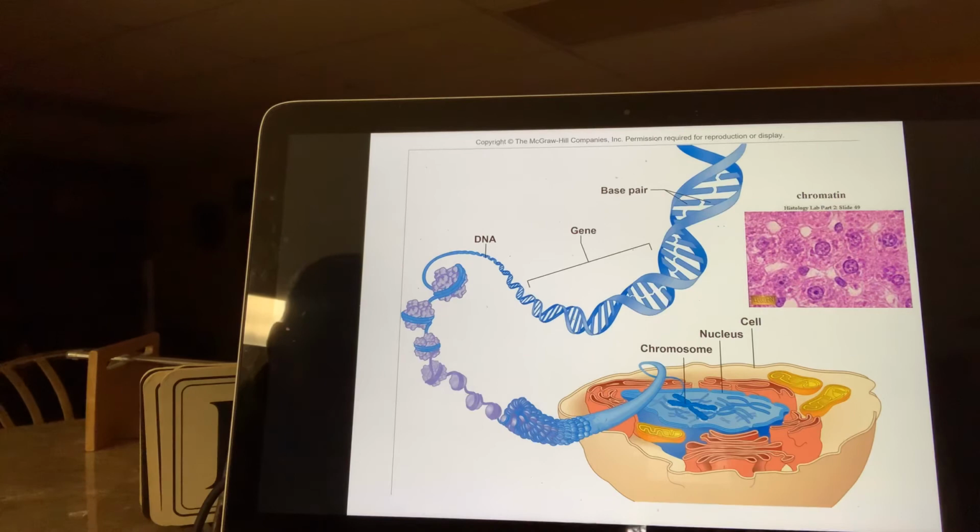So the DNA of the cell consists of these long strands of DNA molecules. Those DNA molecules are complexed and organized in the nucleus of the cell with the help of what are called histone proteins.